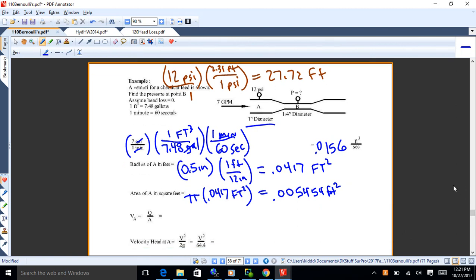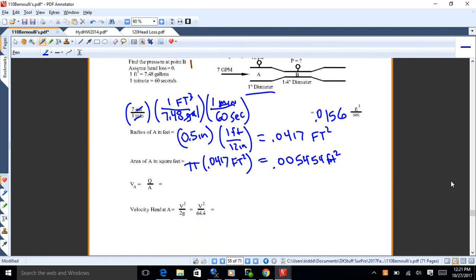It's 0.005454. Whoops, I put the square on the wrong side of that, didn't I? There we go.